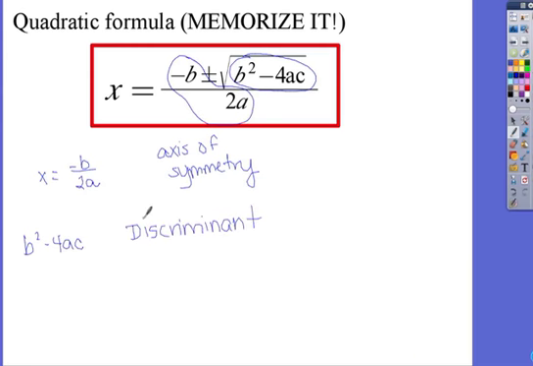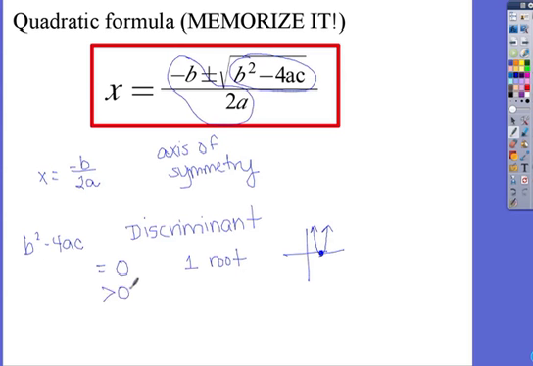So I know the graph of my parabola is one of those where it doesn't cross the x-axis, it just touches the x-axis at the vertex. If I plug my numbers in and I get a number that is bigger than 0, and it doesn't matter how much bigger, just that it's bigger than 0, then I have 2 roots.